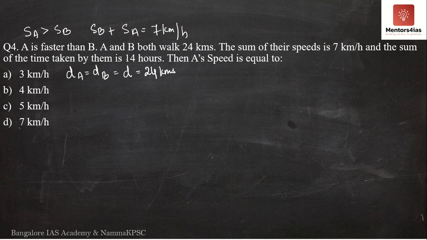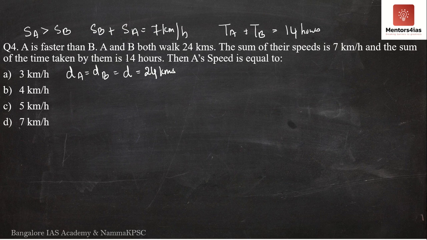So the time taken by both A and B to cover distance D is equal to 14 hours. So let TA be the time taken by A to cover the distance 24 kilometers at speed SA, and TB be the time taken by B to cover 24 kilometers at speed SB.